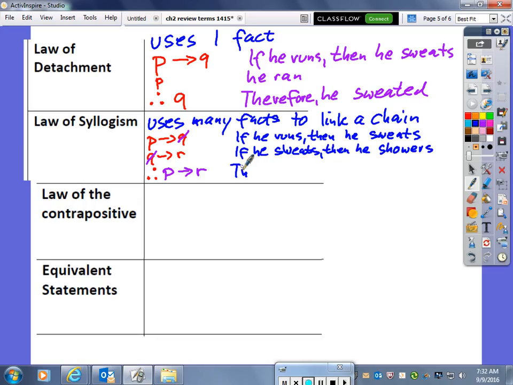Therefore, if he runs, then he showers. Well done.